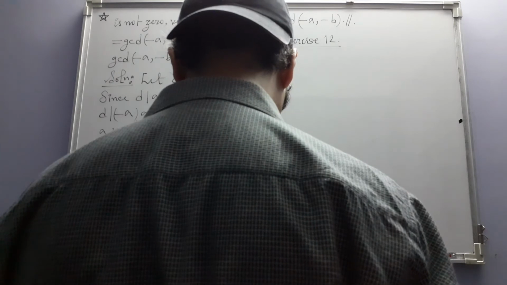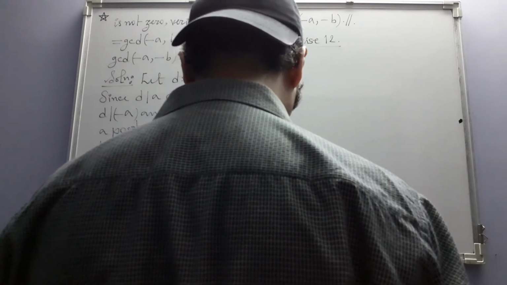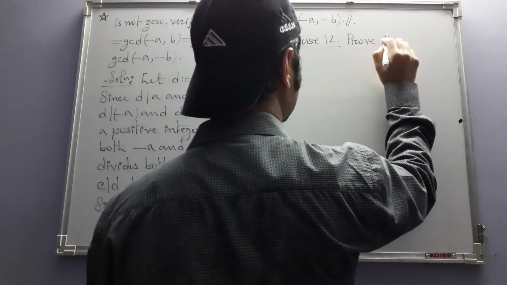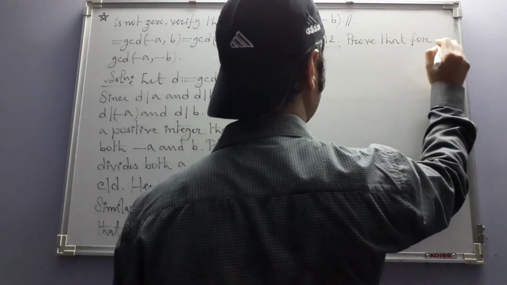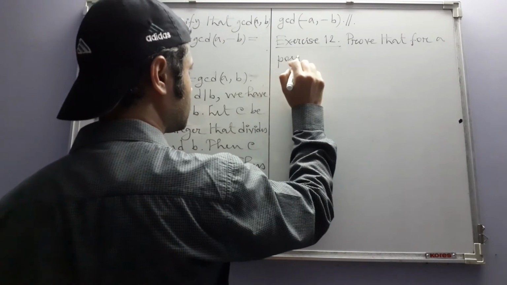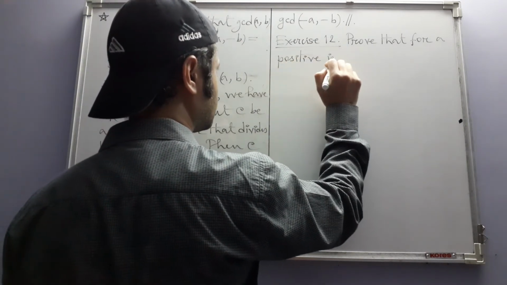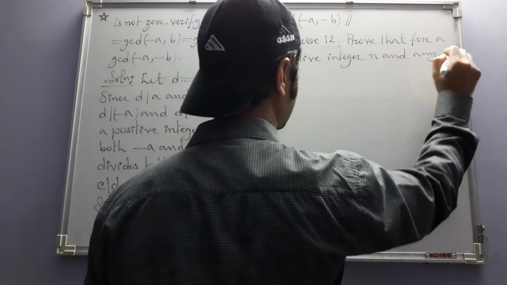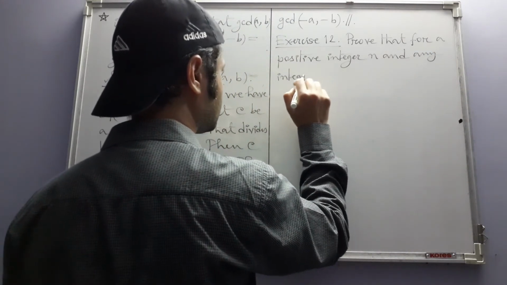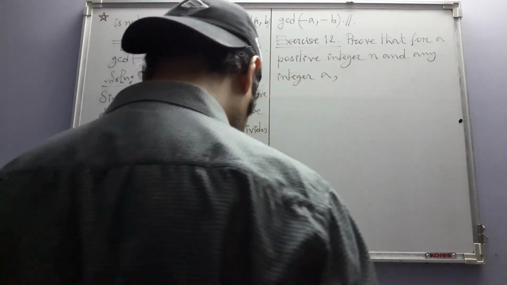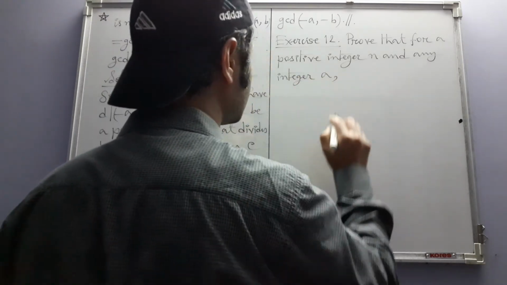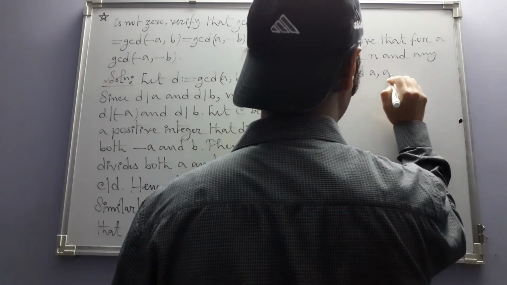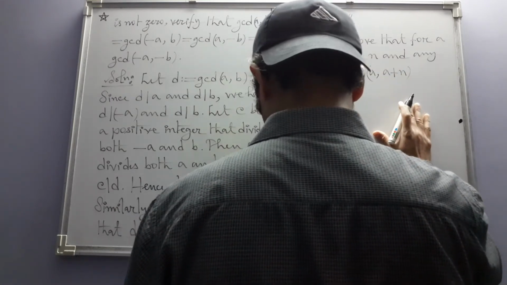Exercise 12. Prove that for a positive integer n and any integer a, the greatest common divisor of a and a plus n divides n.